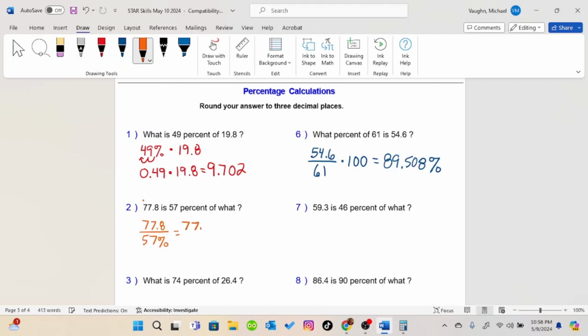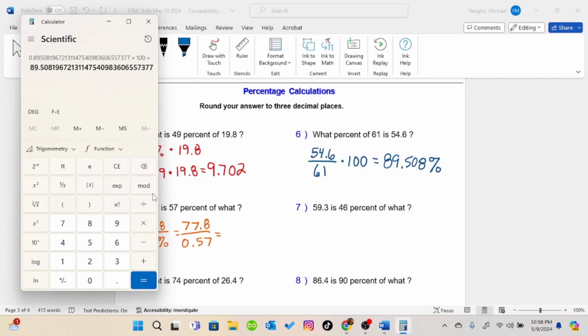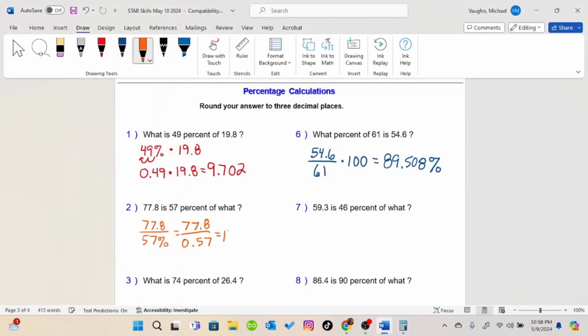That equals 77.8 divided by 0.57. And that equals 136.491. So 77.8 is 57% of 136.491.